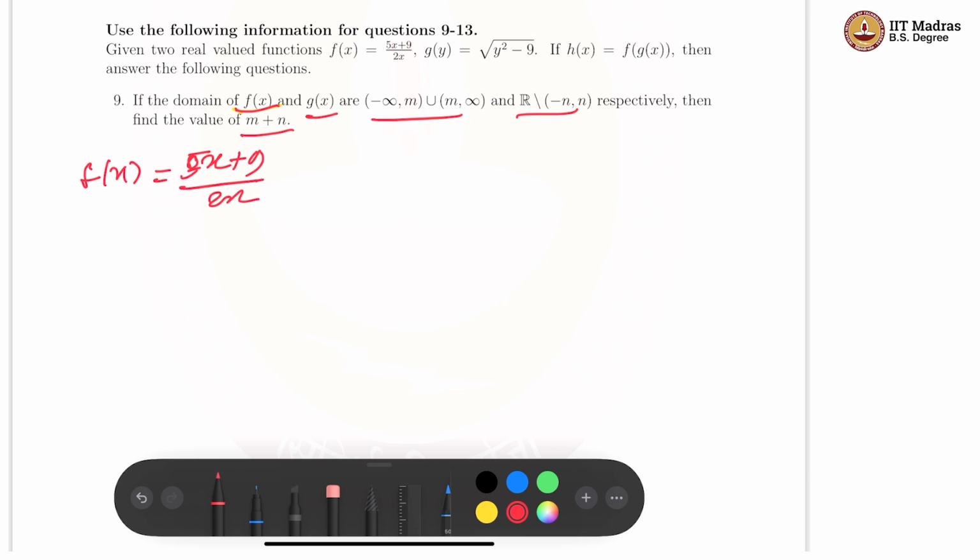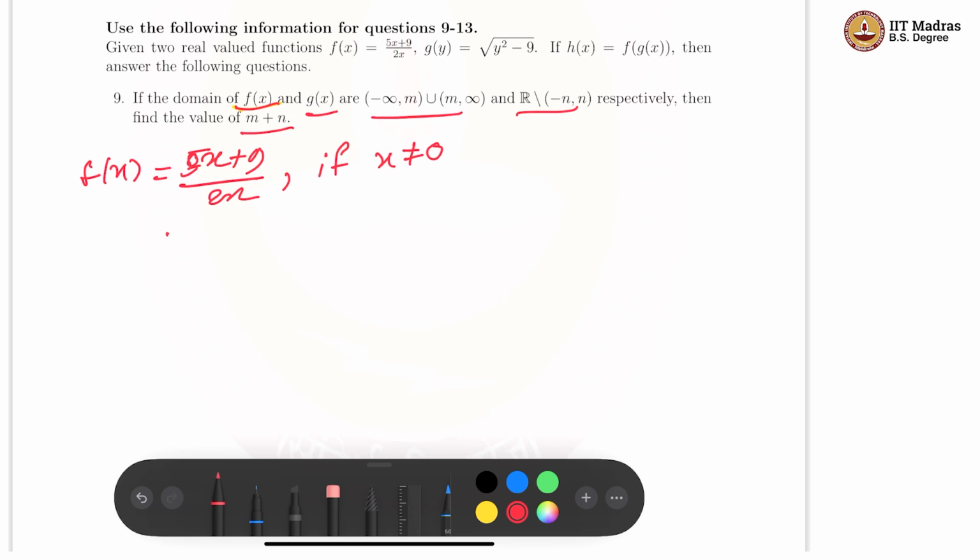So what is the domain of f? Domain of f is the collection of all the points where f is a defined function, right? So if x is not equal to 0, then we don't have any problem to define f(x).